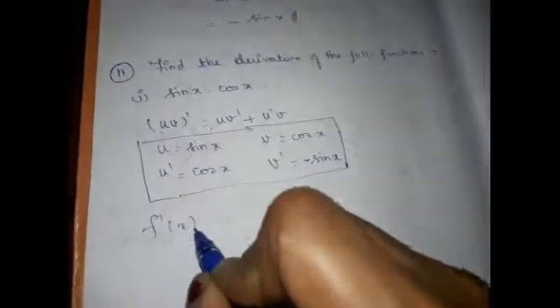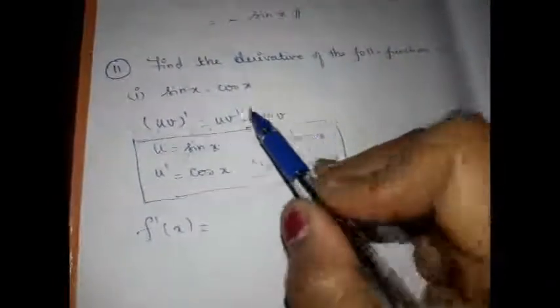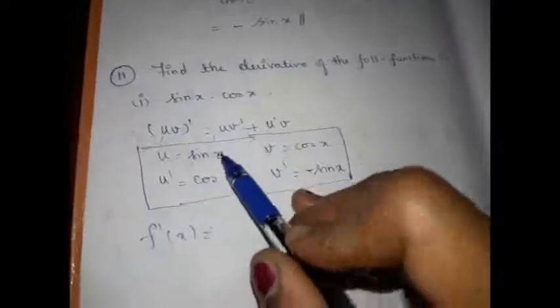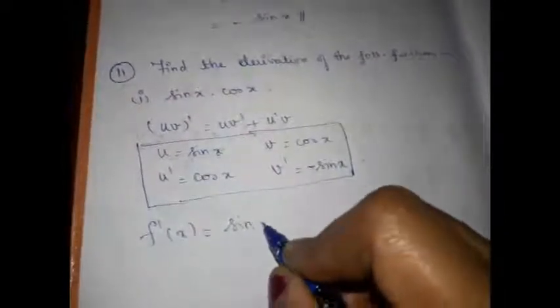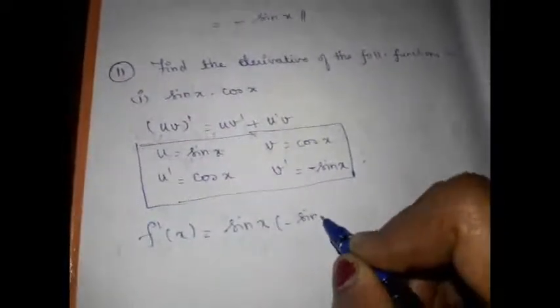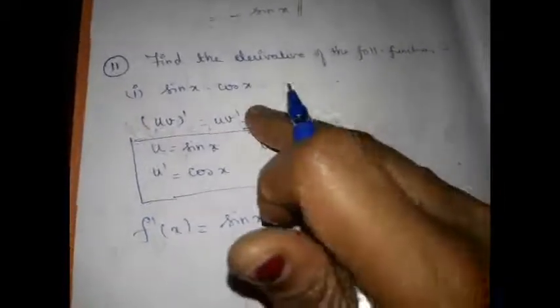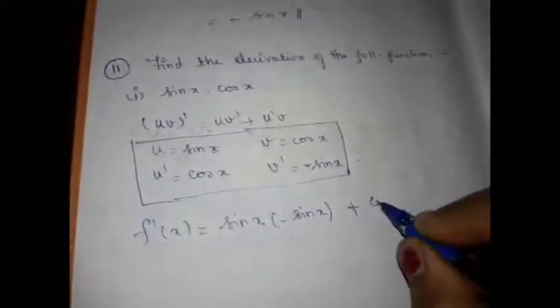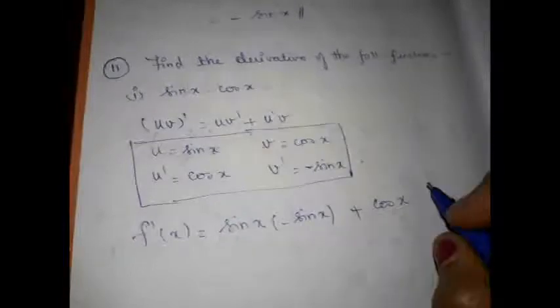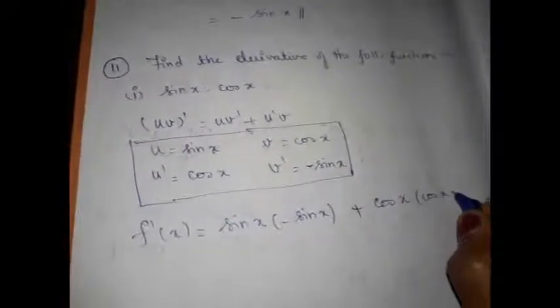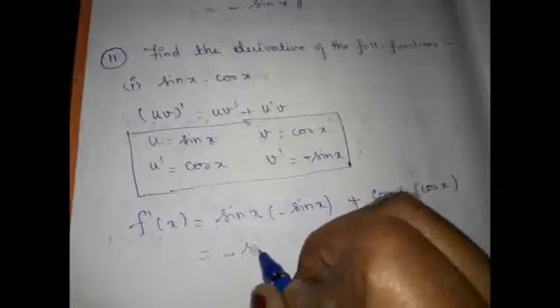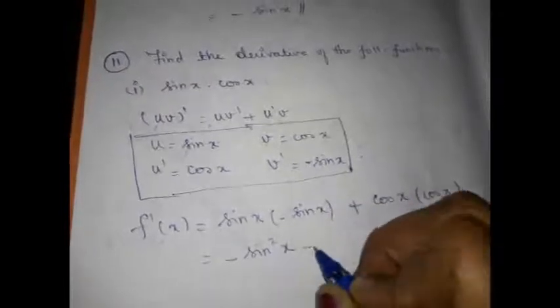Alright, now f'(x) is equal to, we are going to substitute in the formula, uv' plus u'v. So u is sin x into v' is minus sin x plus u' is cos x into v is cos x. So it is going to be minus sin square x plus cos square x, right?